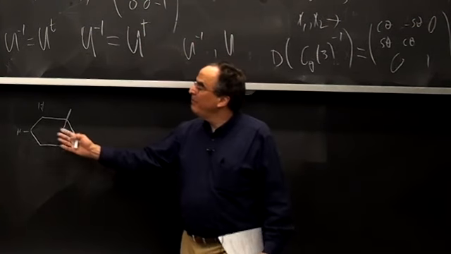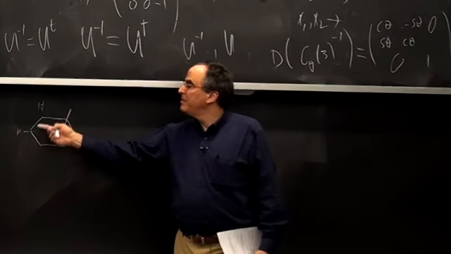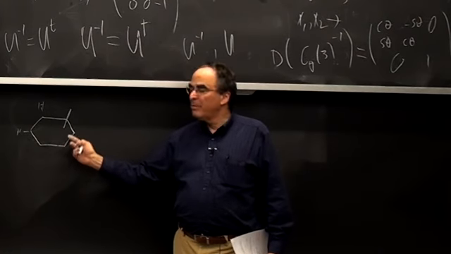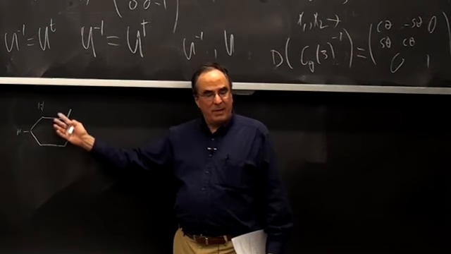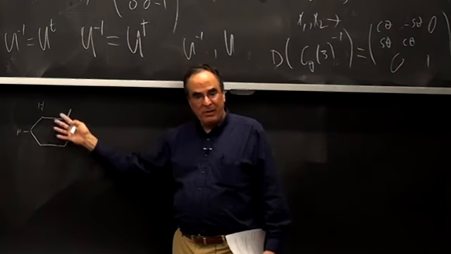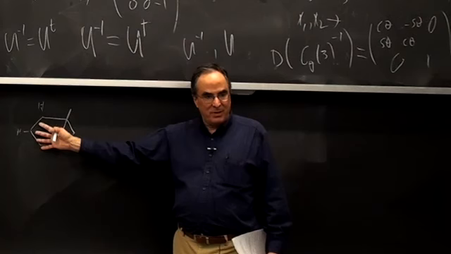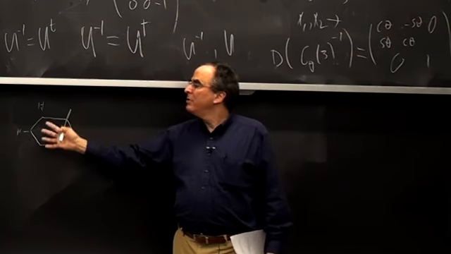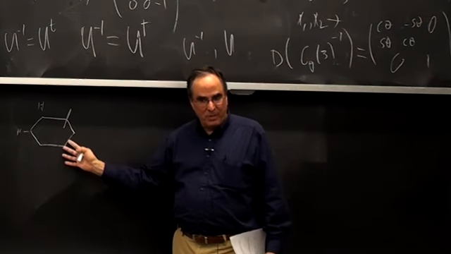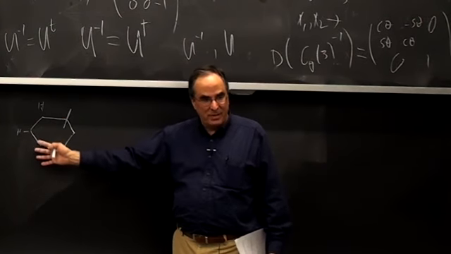And if you have 6 carbon-carbon bonds, you can't have 6 linearly independent bond lengths because 5 of them will determine the 6th. So there's going to be some over-completeness about some of these cartoons.